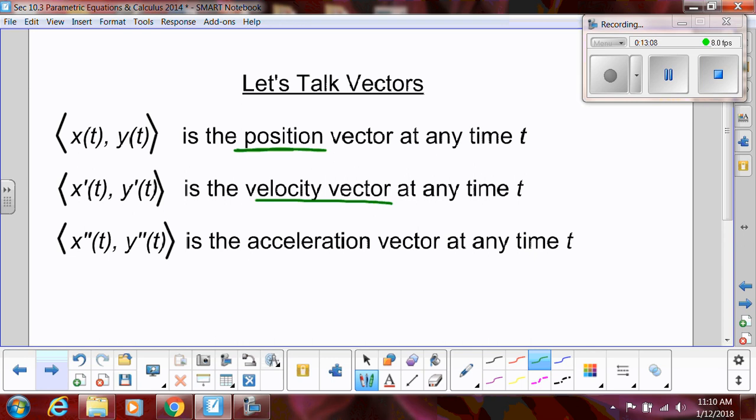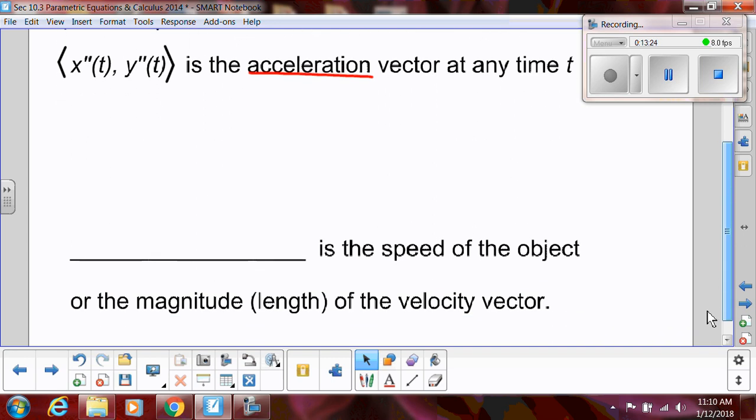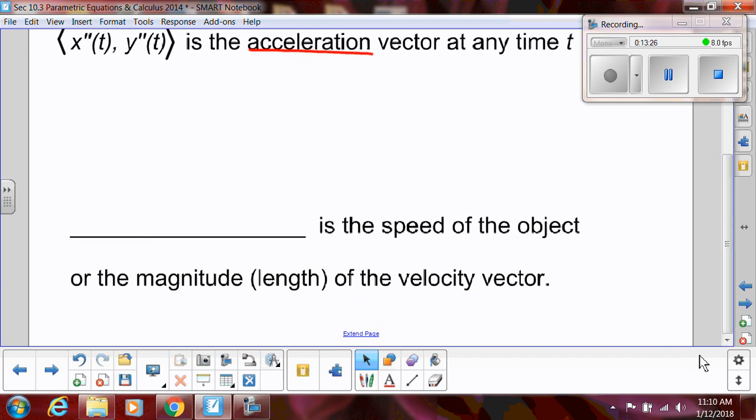So notice that this is not the same as dy/dx. This is just keeping the dx/dt and the dy/dt separate. And then if we do the second derivative, that's the acceleration vector. Now, we're trying to fill in the blank.